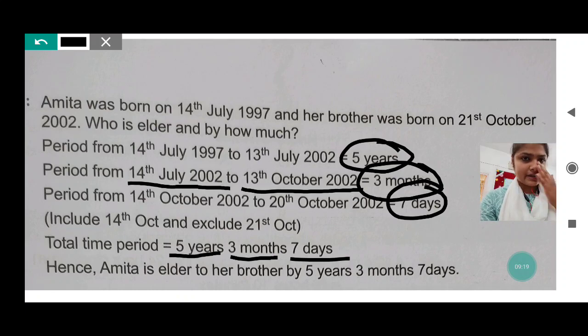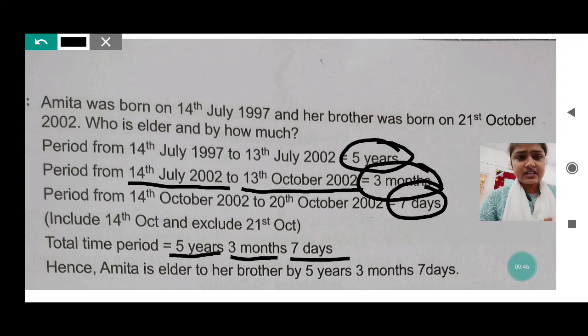How have we calculated? It was very simple. From July to July we have calculated first, so the years have just changed. Now from 1997 to 2002, from 14th July when she was born till 13th July, we have calculated, and we have seen there are 5 years.